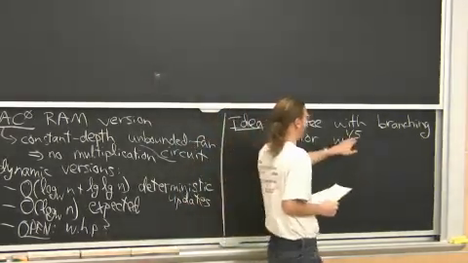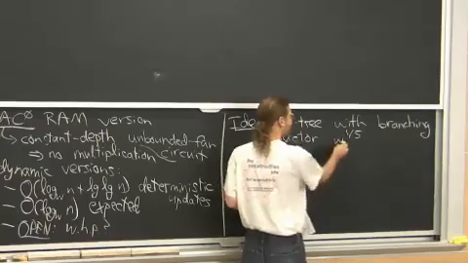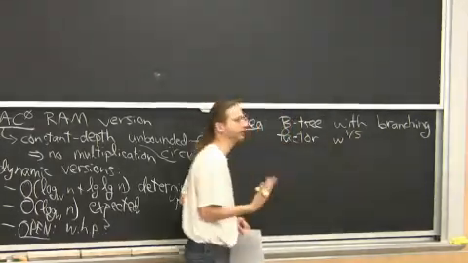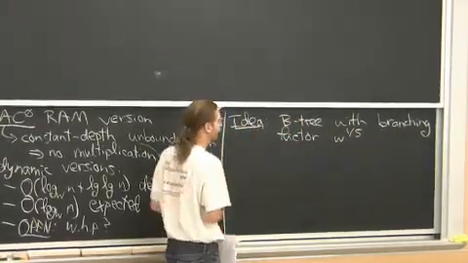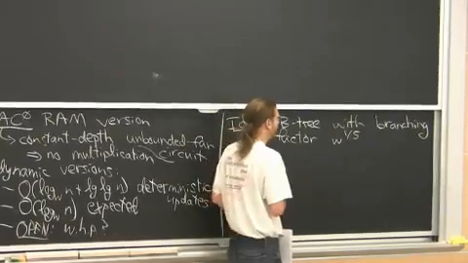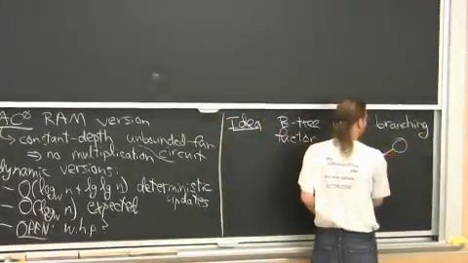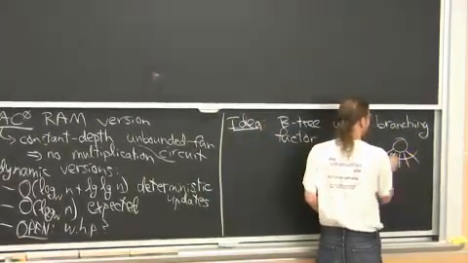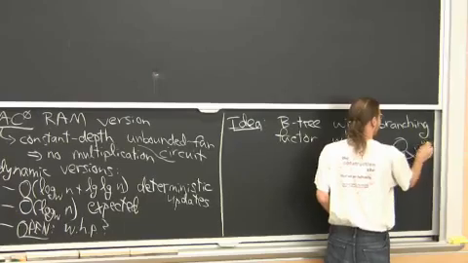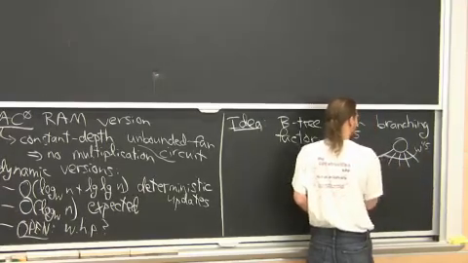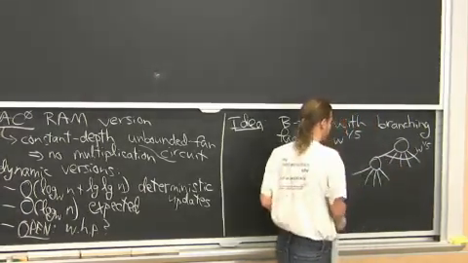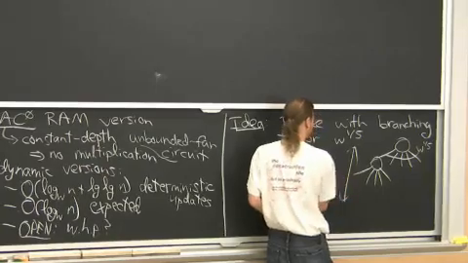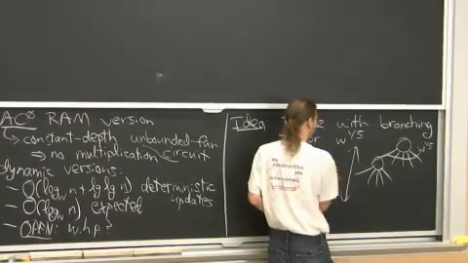But any constant up here will do, because then log base W to the 1/5 of n is going to be 5 times log base W of n. So we have a node. Somehow it has branching factor W to the 1/5. So then the height of the tree, of course, is theta log base W of n.